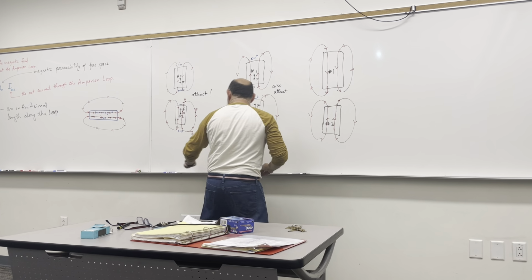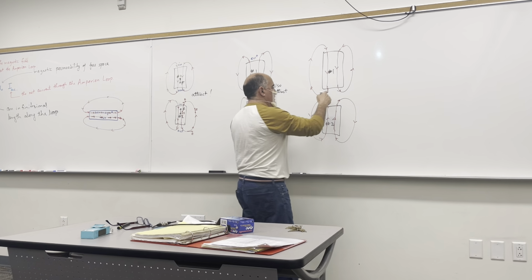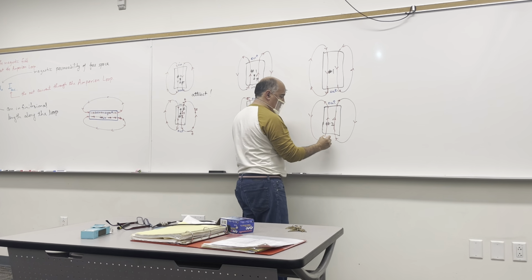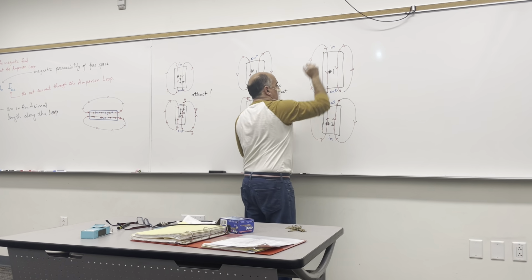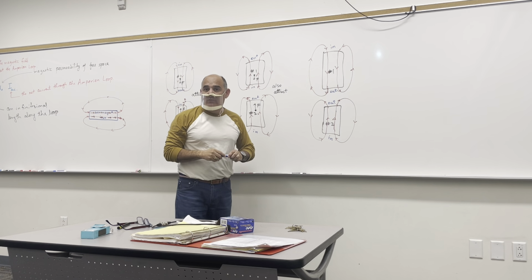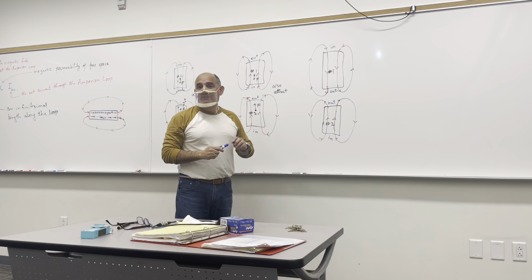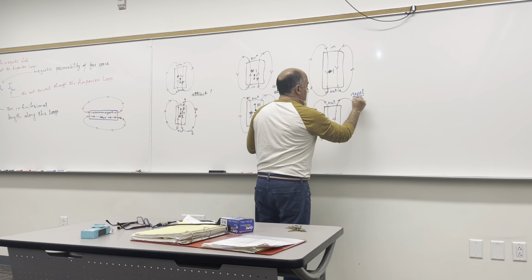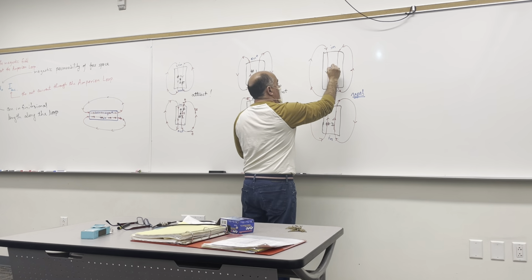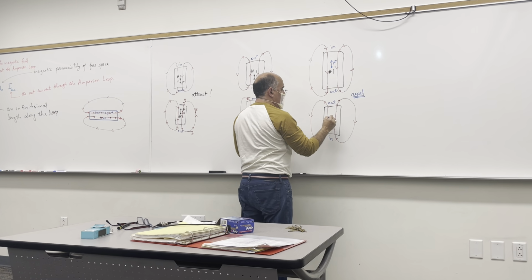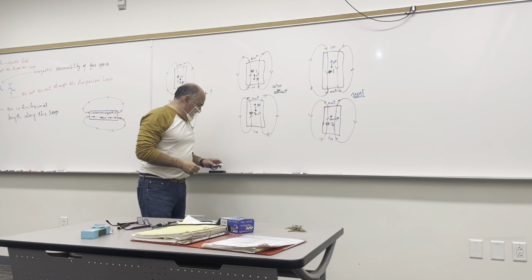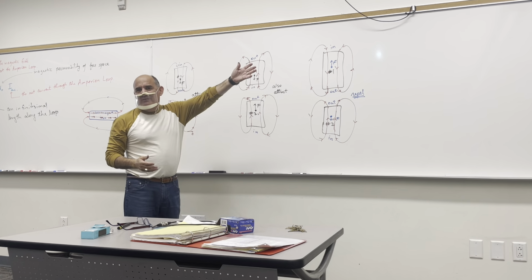Okay? So here, the magnetic field comes out. Here, the magnetic field comes out of that magnet. Here it goes in, and here it goes in. Well, it turns out that out with out, near each other, repel. So this one feels a force this way, and this one feels a force this way. They repel. Okay? And you can imagine the other one.